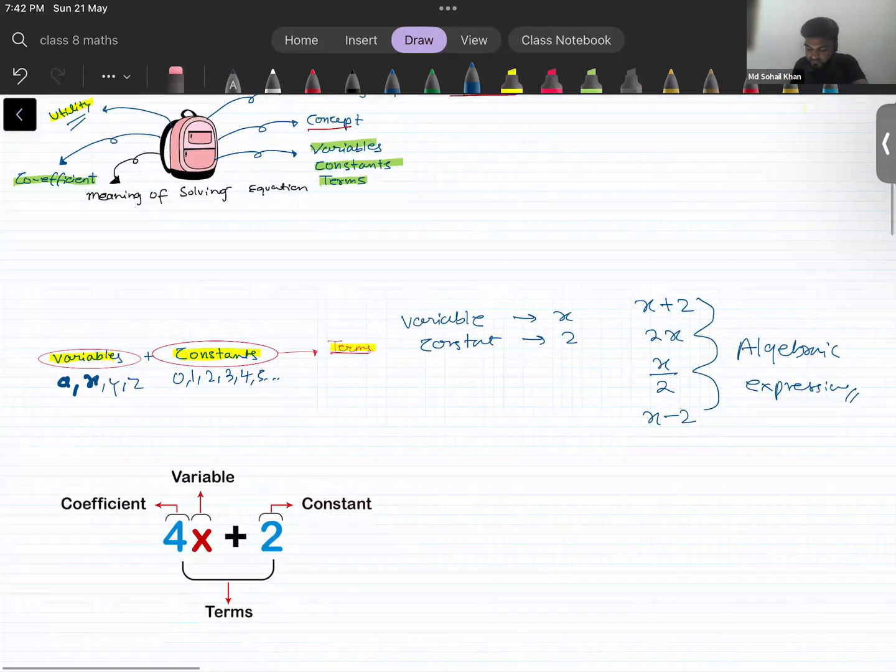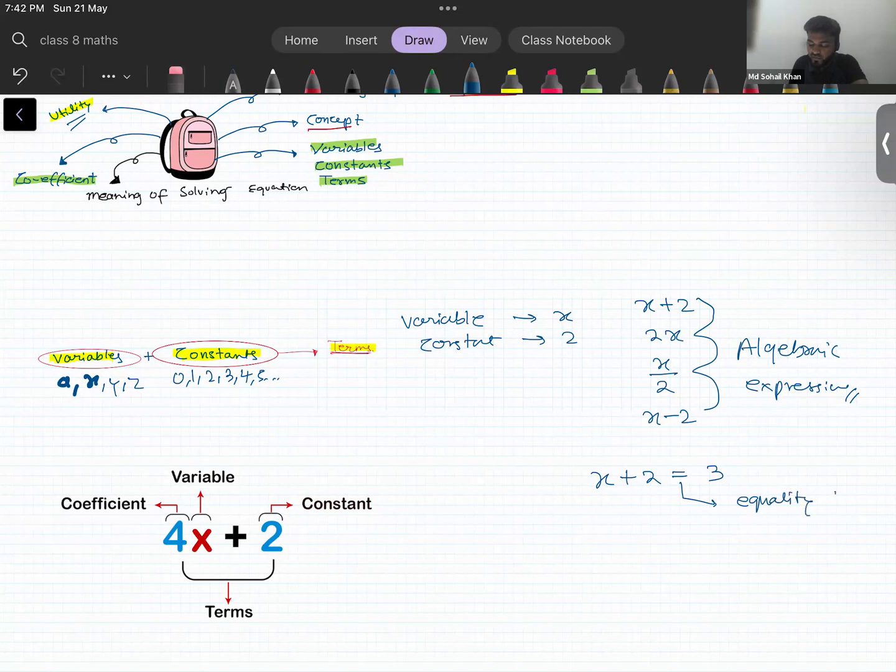Now using these algebraic expressions, we form equations. It could be like this: x plus 2 equals 3. It is an example of an equation, where we are taking help of algebraic expressions to form an equation. Here you have the equality sign. On one side of the equality sign we have a linear expression, and on the other side we have a constant value.